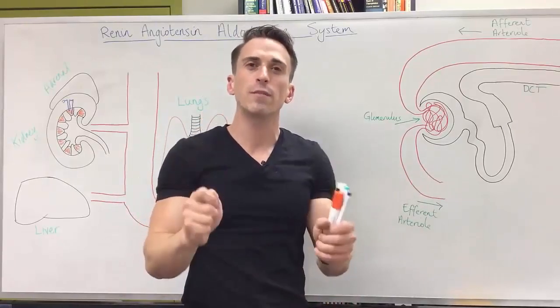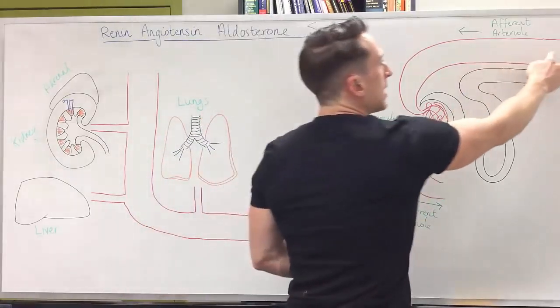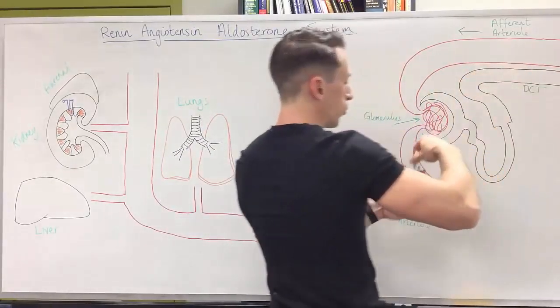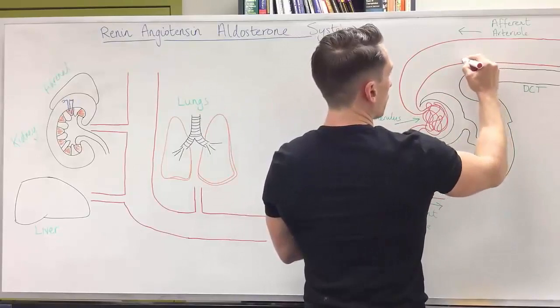Now where is renin specifically released from? Well, let's have a look. In the afferent arteriole, the blood coming in, there are some cells in the walls of the afferent arteriole.